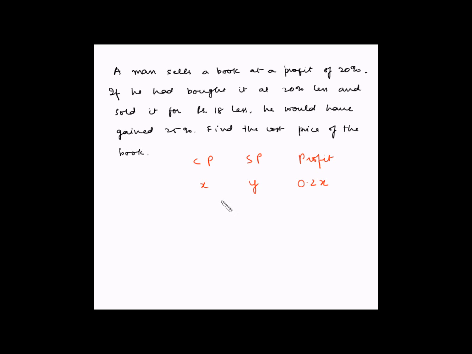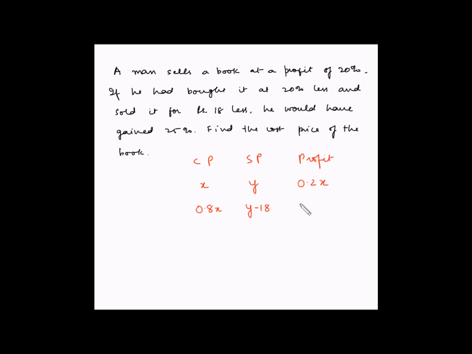Now in the second case, if he had bought it at 20% less, so if the cost price is reduced by 20%, the remaining cost price is 80% of the original cost price. So the cost price is 0.8 times X, and sold it for rupees 18 less, so the new selling price is Y minus 18.